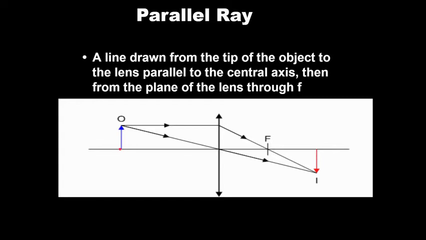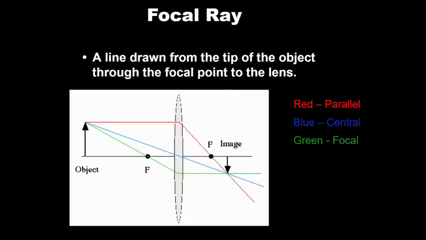So again, since the base of the arrow for our object is on the principal axis, the base of the arrow for the image also must be on the principal axis, which is how we determine that it is inverted or upside down. There is a third type of ray, and this one's a little bit trickier to draw, and it is known as the focal ray, and that is drawn here in green.